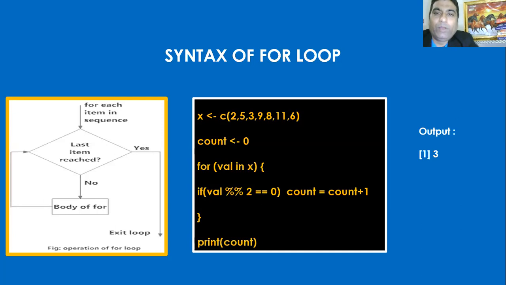So if the value, with the remainder operator, equals 2, then count equals count plus 1. So it's a counter. It will add 1 by 1 and print count. So the first time the value will be 2, so it is adding 2 plus 1 equal to 3. So see the output. This output is showing 3. So this is the for loop.